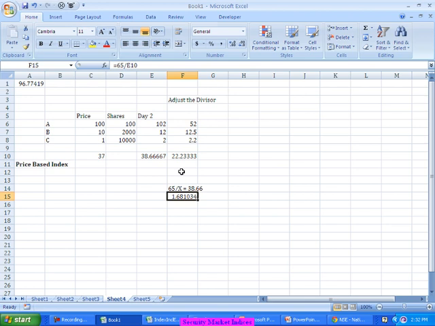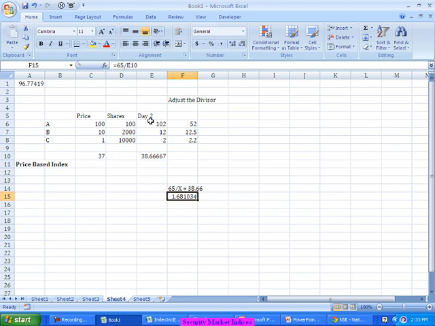When we took the average, we were summing these 3 and dividing by 3. Now we will not divide by 3, we will divide this by 1.68. This is the new divisor. Which means before the corporate action and after the corporate action, I am not changing the index at all. Just before, just after.